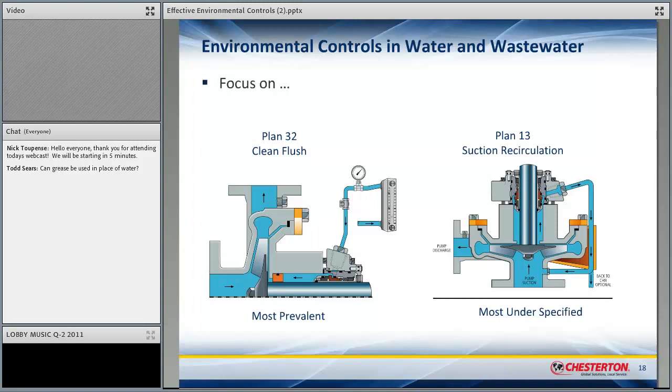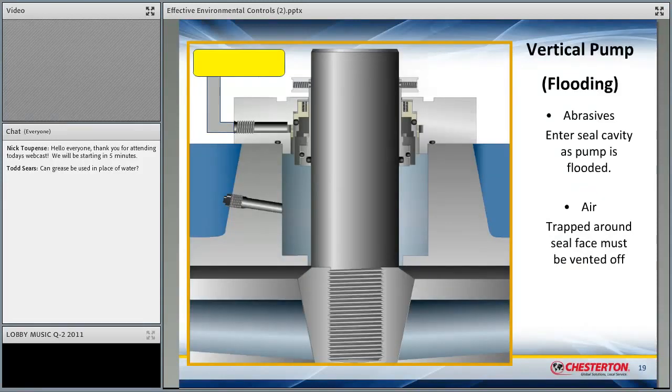In many instances, we see specifications in a vertical pump application in which no environmental control is specified for the mechanical seal. So it's underspecified, and it can do a significant amount of damage to the seal itself. We'll talk about that a little bit here.